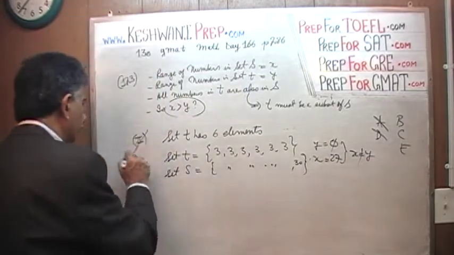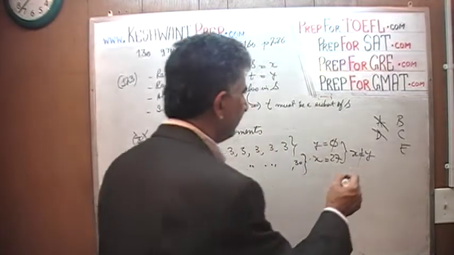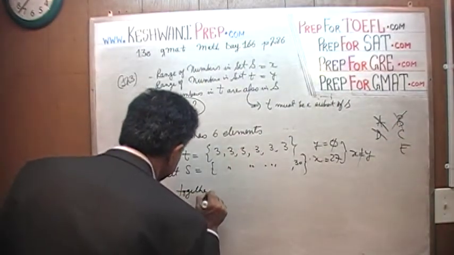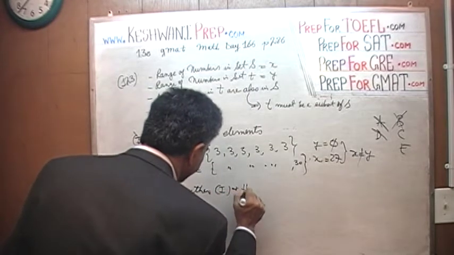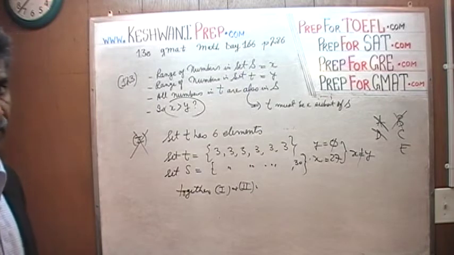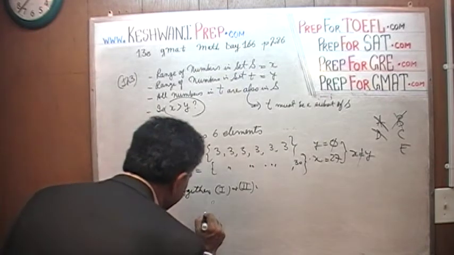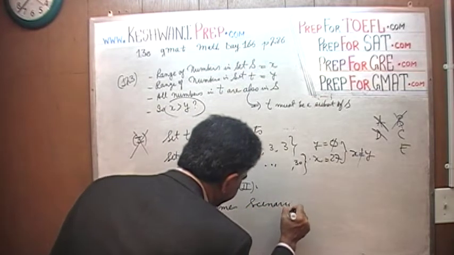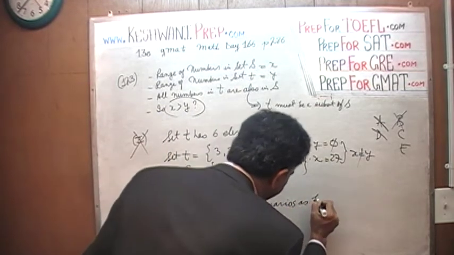The second statement by itself is also no good. The answer cannot be B. Let's put them together. If we put them together, we will have the exact same scenarios as before.